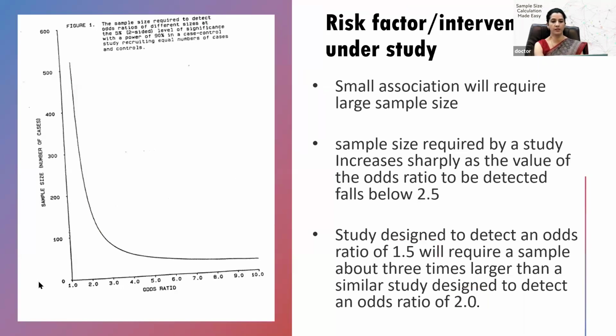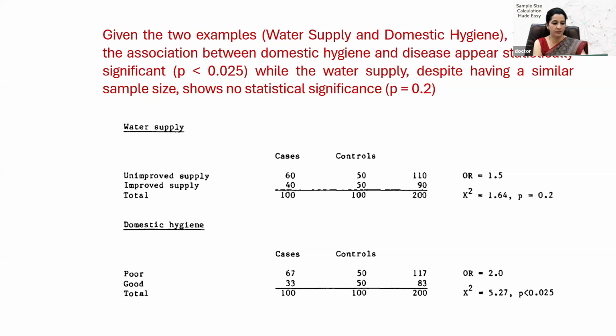So you can just see the value of odds ratio in calculation of sample size. And you should remember that between 1.5 and 2, there's a difference of 3 times in sample size calculation if the odds ratio is 1.5.